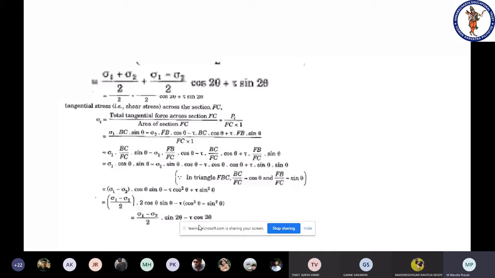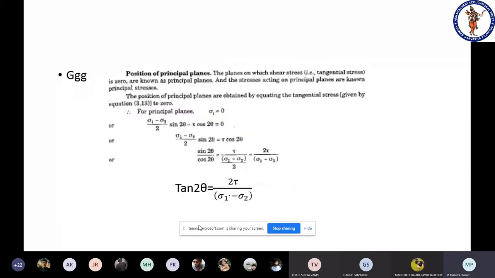We have calculated the normal stress and we have calculated the stress which is acting, the tangential stress, across the section FC. These are the two things which we have finished in the last class. Now we need to calculate what will be the position of the principal plane, because if you know the principal plane, then whatever may be the stresses acting on that particular principal plane will be treated as principal stress.